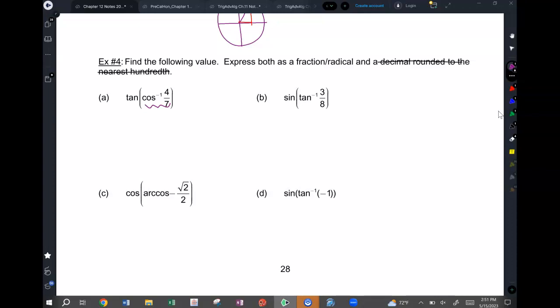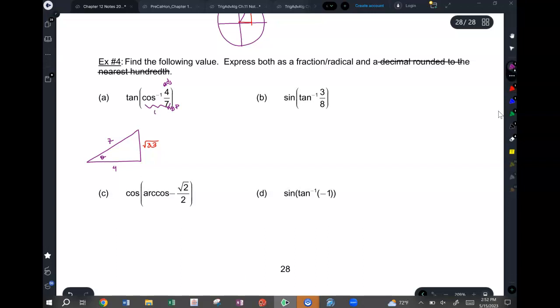Cosine is adjacent over hypotenuse. So when I draw this is my theta, 4 and 7 are the adjacent and the hypotenuse. Now all I need to do is find this side. It'll be root 33. You all know how to find that one. Good old Pythagoras.